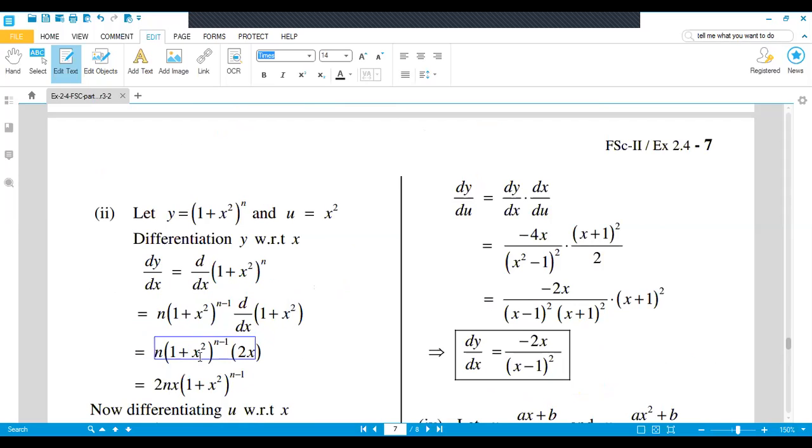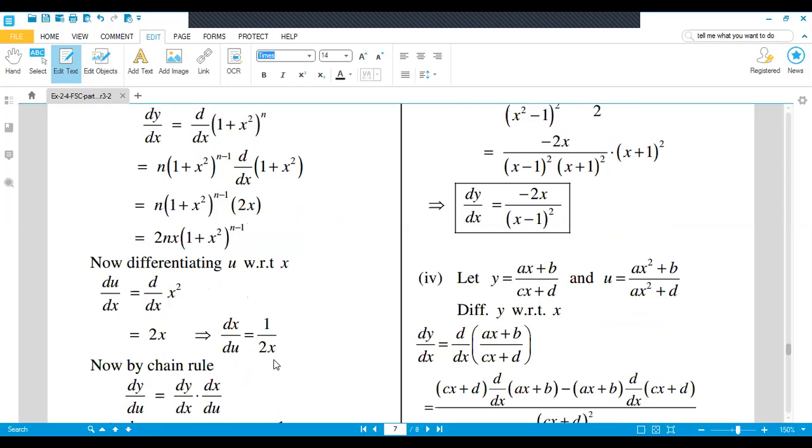So n into 1 plus x square power n minus 1, and further the derivative of 1 is 0 and x square is 2x. So this 2x multiplied with n, we get 2nx into 1 plus x square power n minus 1. Now you differentiate this one, u with respect to x, so du by dx is equal to 2x.